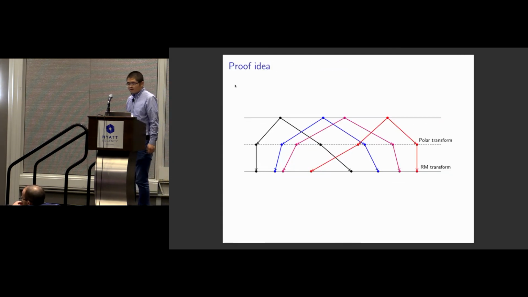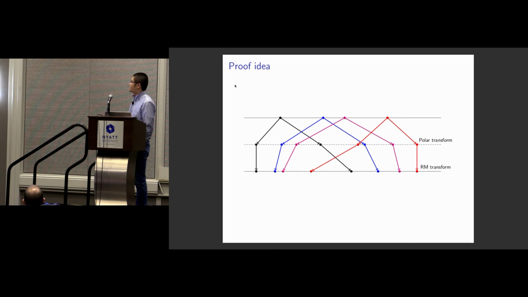And here I also want to say a few words about the proof idea. As we said, in polar codes there is a tree structure. For example, if originally you have 4 HIs, in the next level you will get 8 HIs, and these 8 HIs are obtained such that one of the children is smaller than the original point, and one of the children is larger than the original point.